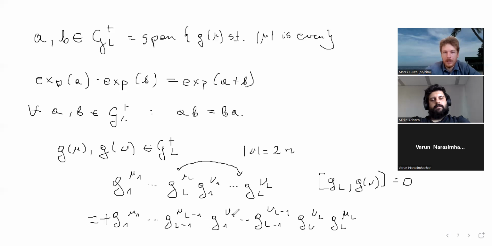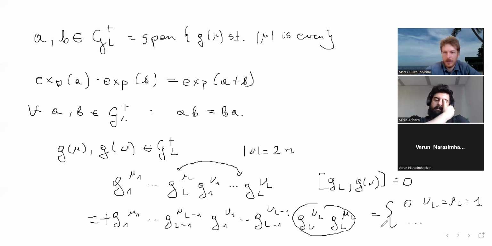Yeah, and then I can iterate this. So basically they are meeting, and either this will be 0 if nu L equals mu L equals 1 or something else. But if they are non-trivial, you can just continue doing this, more or less. That's the idea.